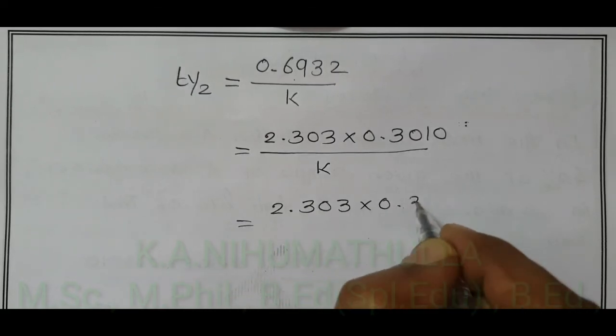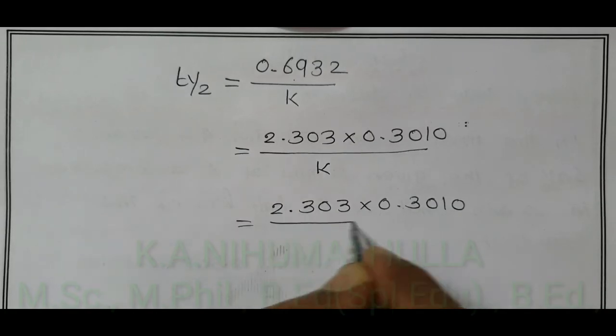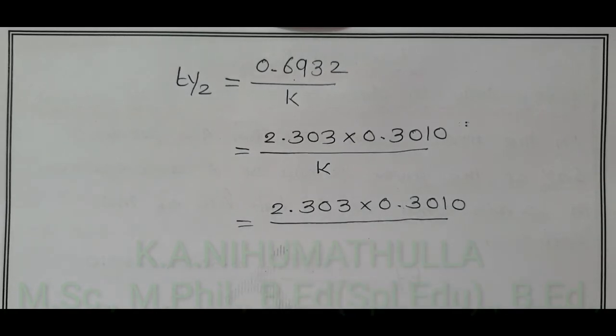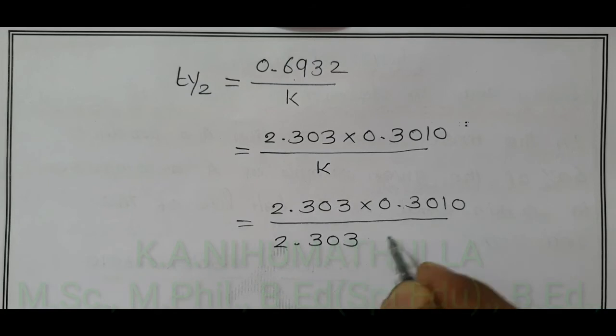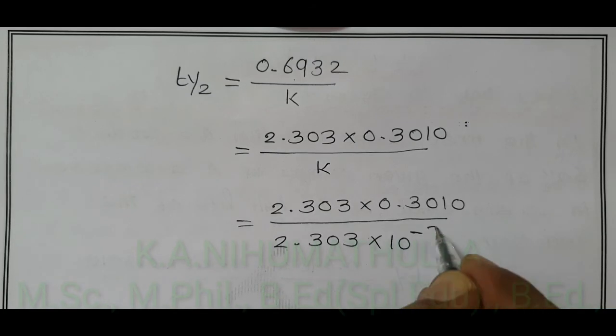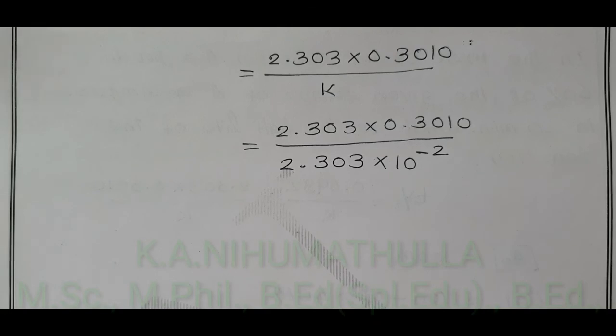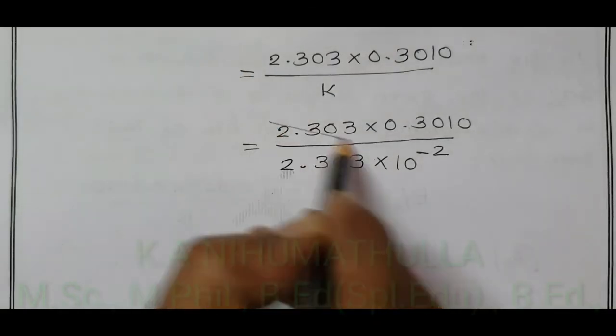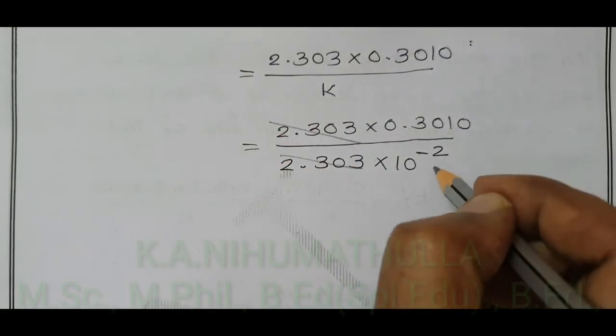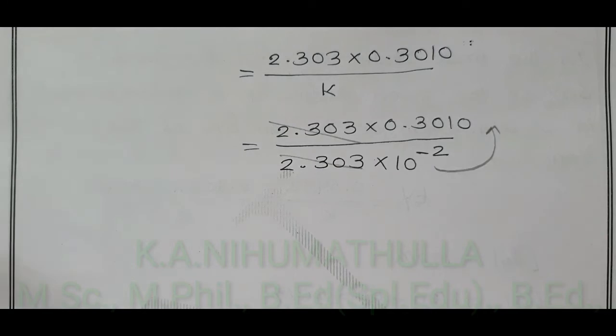2.303 and 0.3010 divided by the K value we have calculated, which is 2.303 into 10 power minus 2. Here, 2.303 gets cancelled. Bring the 10 power minus 2 to the numerator.